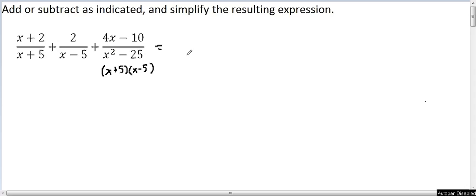So let me write that out. We're going to multiply the denominator by x minus 5, then do the same thing to the numerator of the first fraction.